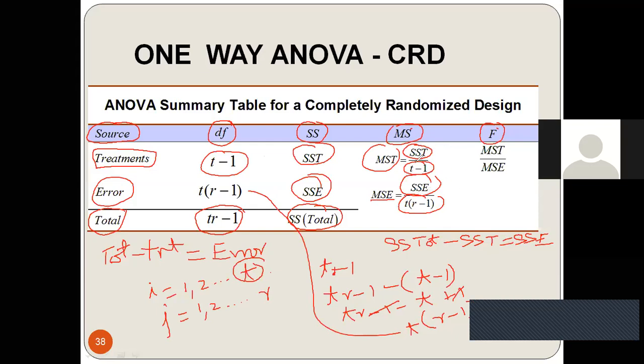Ultimately, we test our treatment against the error term. So mean square treatment divided by mean square error will give the F value. Then based on the F value, we decide whether we reject or accept our null hypothesis.